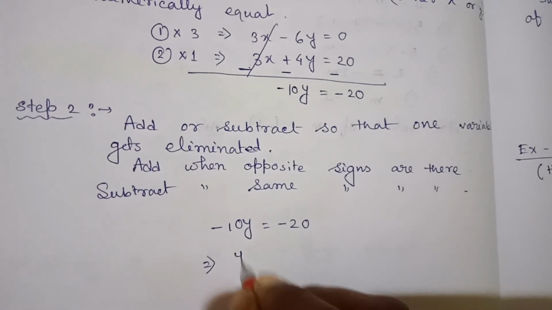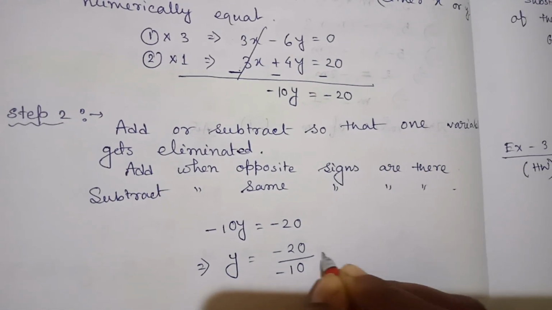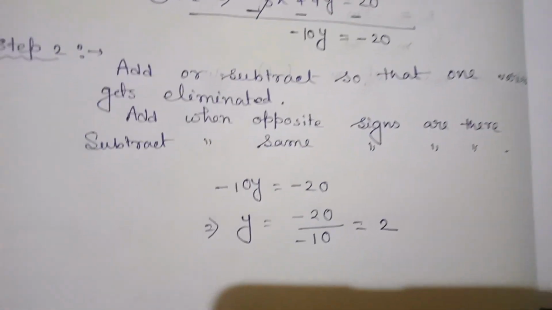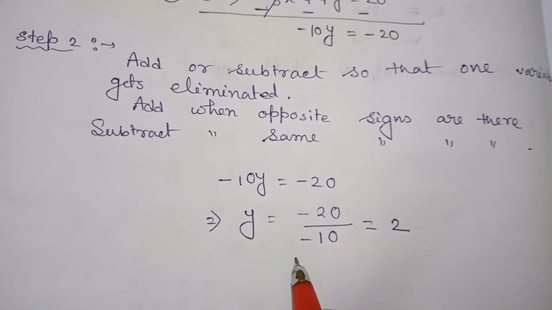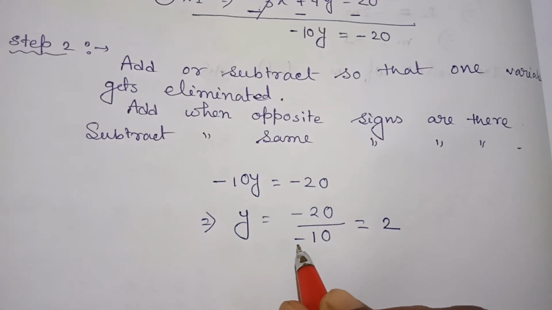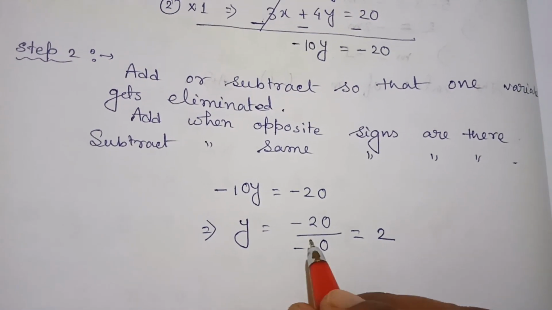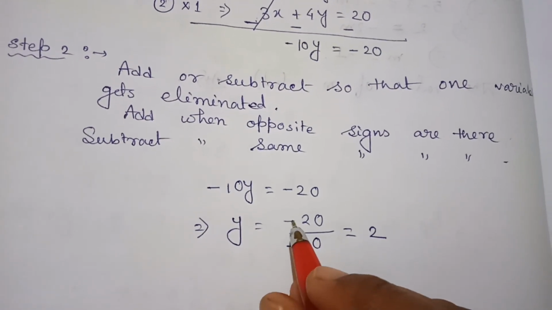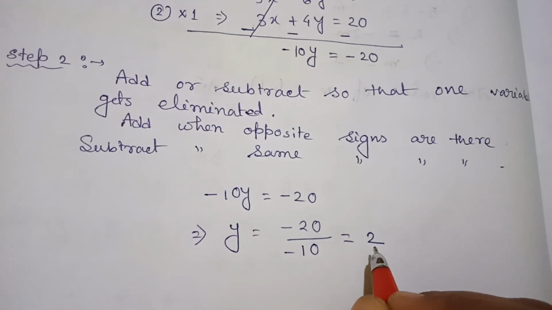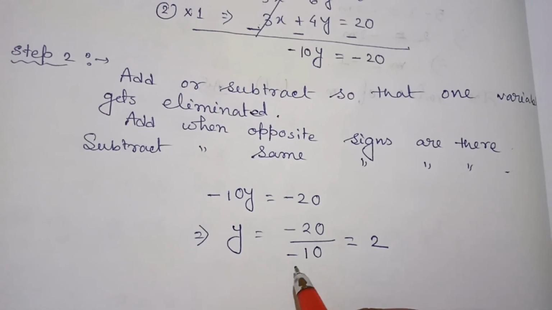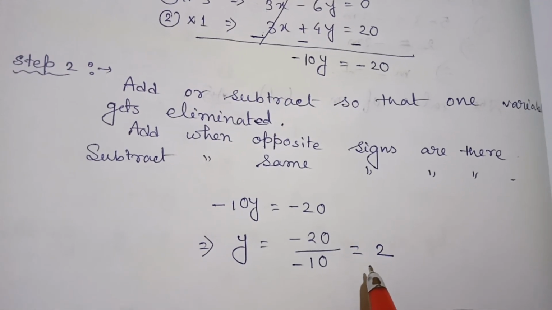From this you can write y equals minus 20 divided by minus 10, that means 2. Another thing I keep telling my students: don't cut the signs. Rather, minus divided by minus will be plus in the answer. Just omit the signs. So y is coming as 2.